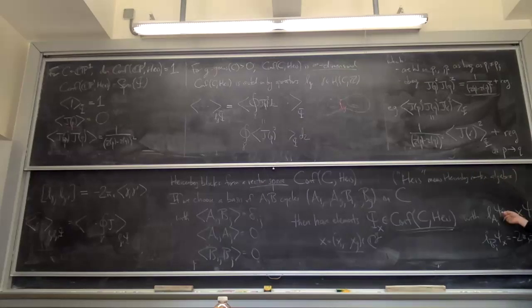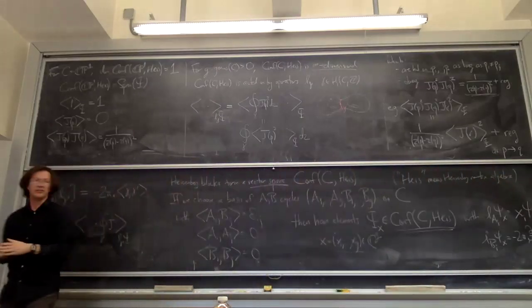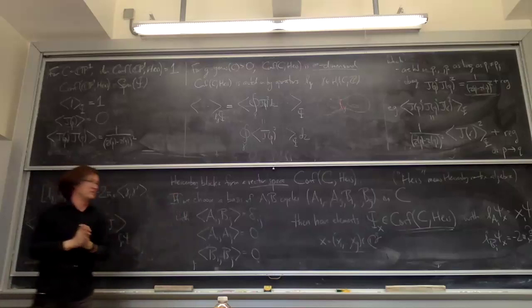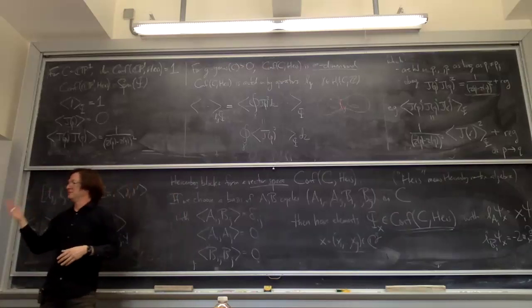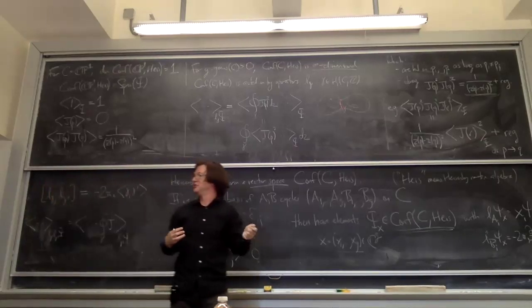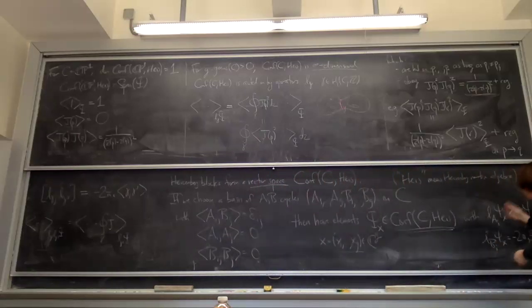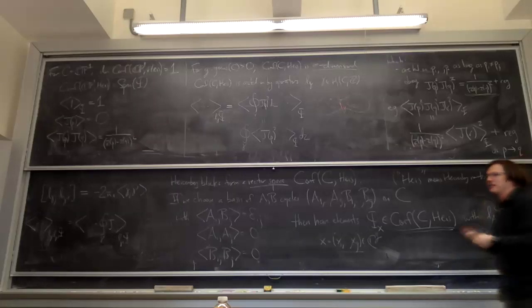And so I'm saying that this psi x is an eigenvector of the operator L_Ai with eigenvalue x_i. It's an honest element, not some distribution. They're honest functions. Again, we could maybe write them later on, the actual explicit construction of the functions. But that's right, it's an honest thing. It's not like a distribution. Even though if you think that you're modeling this thing as the space of functions of x, then these would be sort of like the delta functions. But they're honest elements of this vector space.